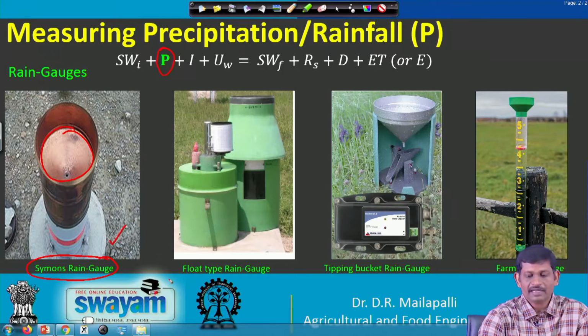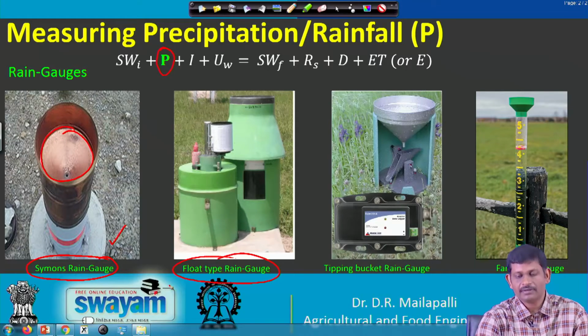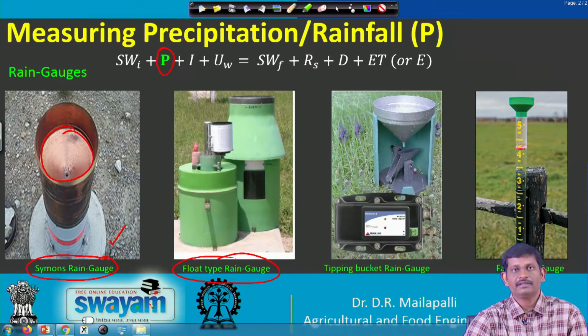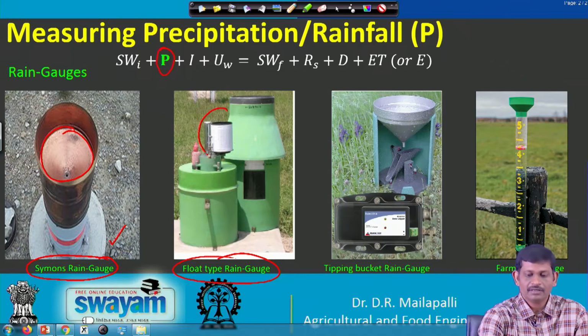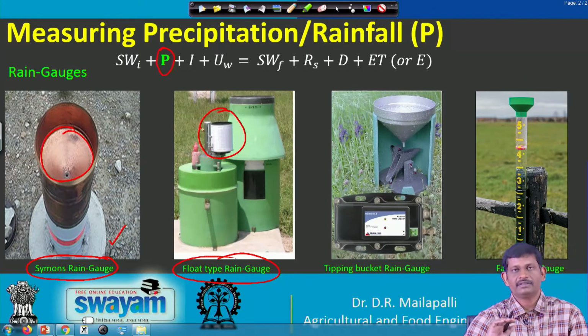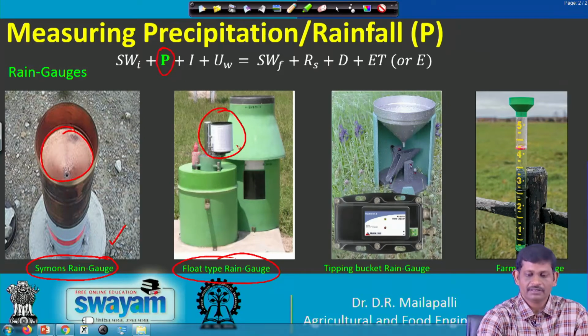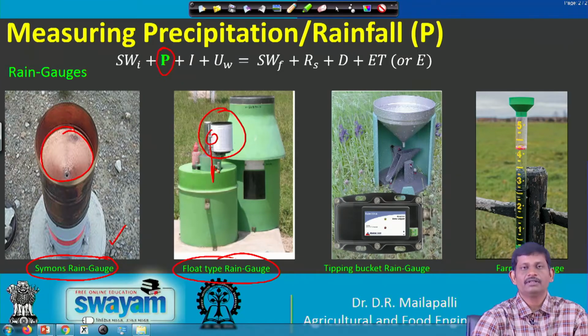Then we have a floating type rain gauge. The floating type rain gauge contains a drum wound with a graph sheet, and there is a float down here, with a pen attached to the float.